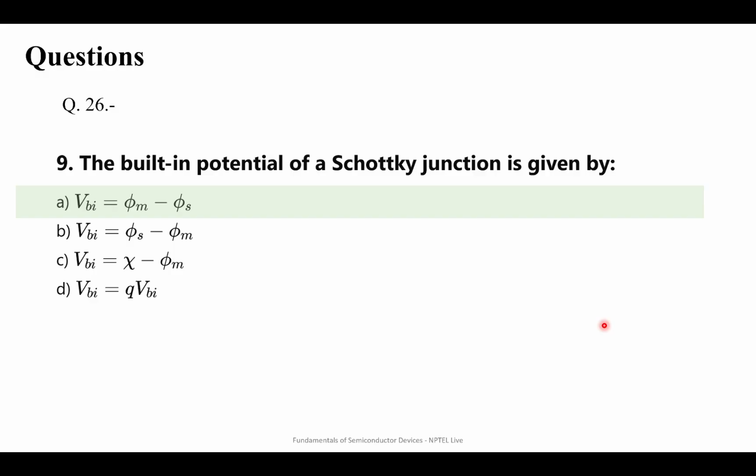The answer would be VBI equals phi m minus phi s. So the difference between the work function of the metal and the semiconductor gives you your built-in potential, and due to this built-in potential, you get a rectifying behavior in a Schottky junction. This built-in potential is called a Schottky barrier.